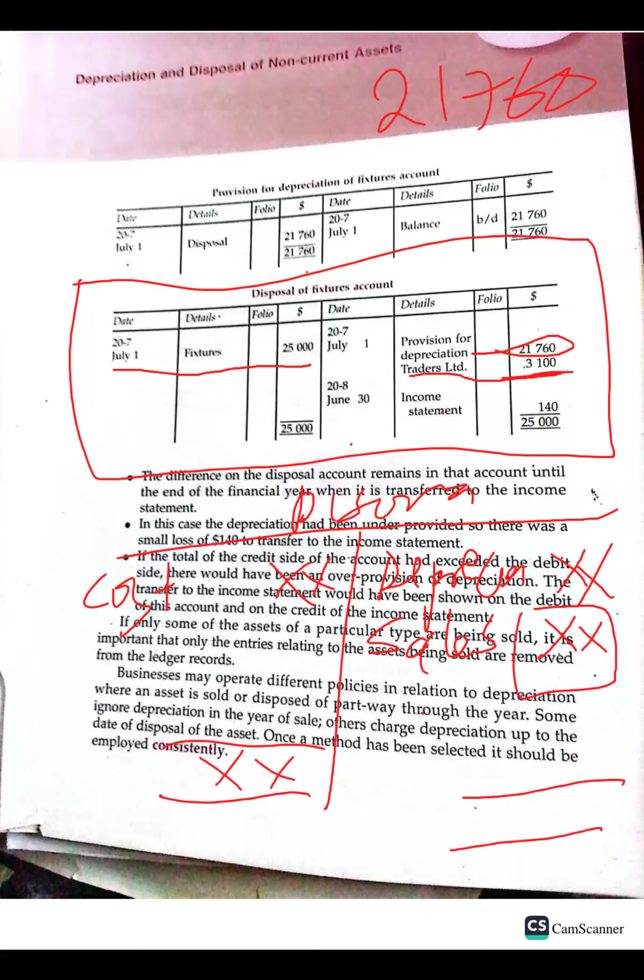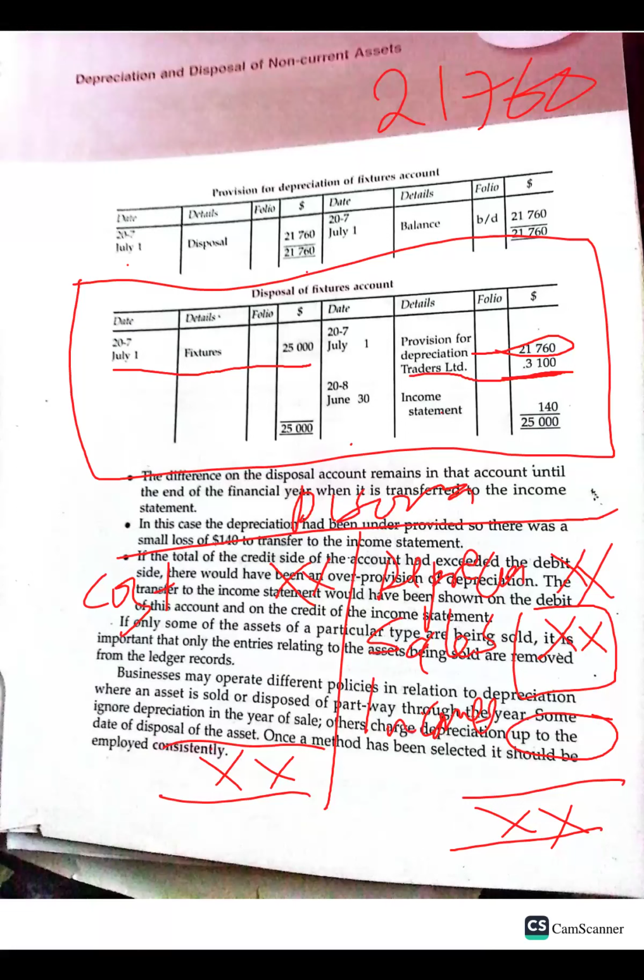As you balance the account off, there will be this minor difference here, which in some cases you would call the balance carried down, but you don't call it the balance carried down. You send this balance to the income statement, okay? It is going to the income statement to be debited.